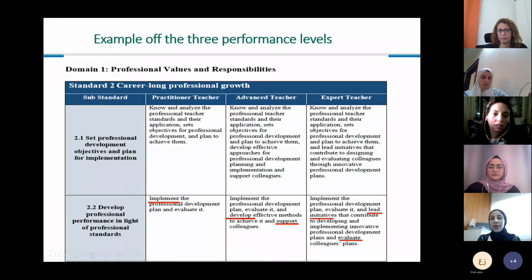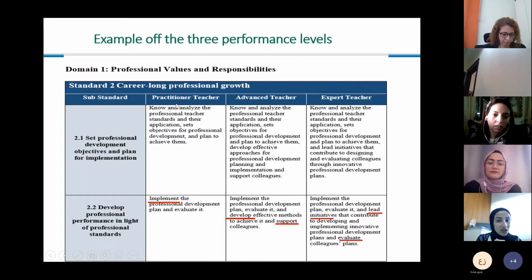Let's see how. Here, I have standard number 2, which goes under the professional values and responsibilities. The standard is career-long professional growth. Here I have the substandard 2.1, or let's move to 2.2, then I will let you do 2.1. Develop professional performance in light of professional standards. Look here.